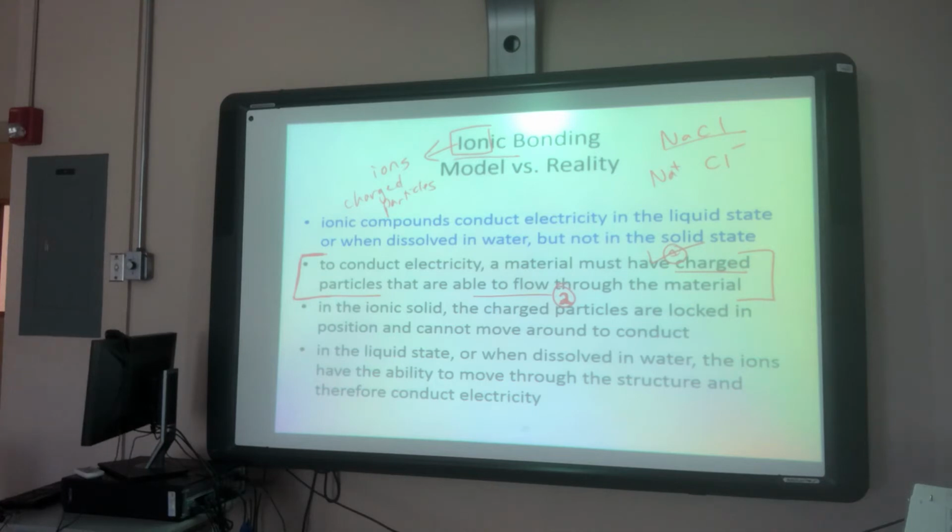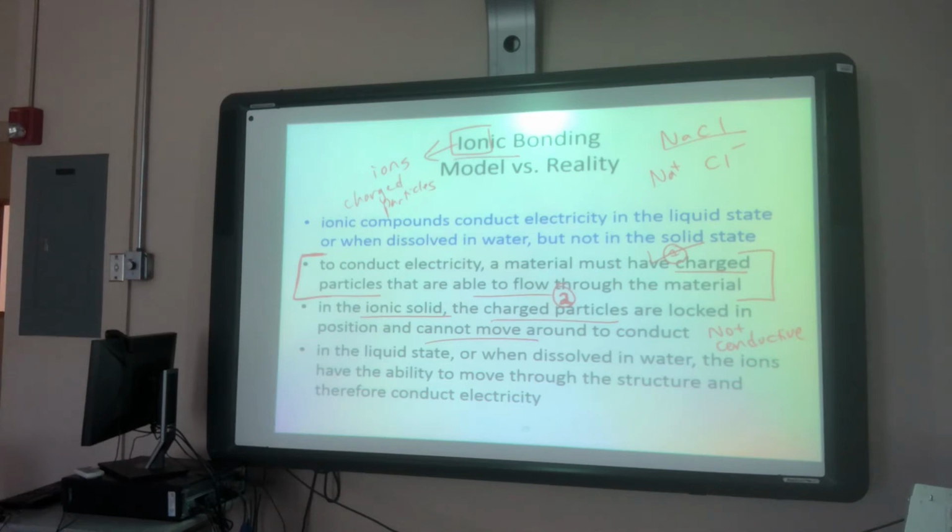The second thing is this whole flow issue. If I'm an ionic solid, I have charged particles, but I can't move. I can't flow. Remember we talked about that in our definitions of a solid, liquid, and gas. So if it's a solid, it's not going to conduct.